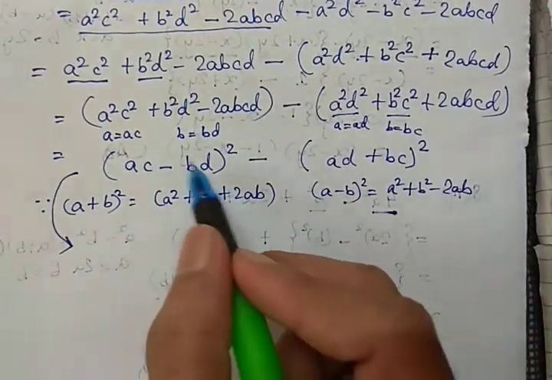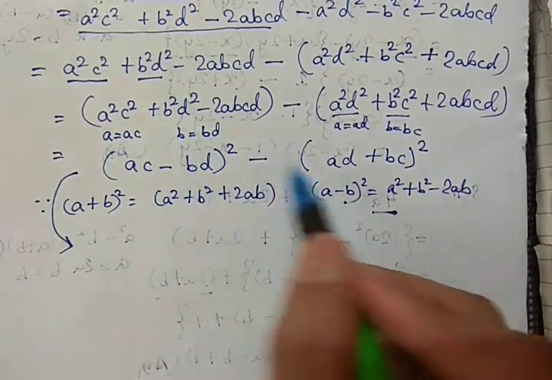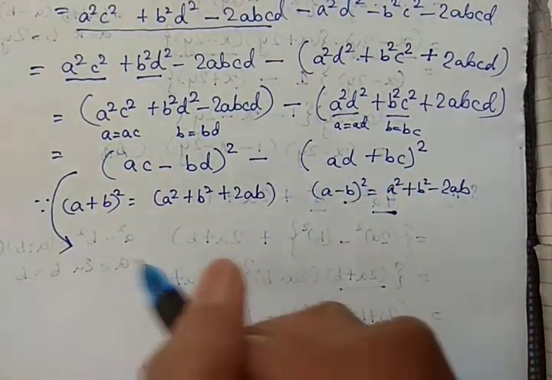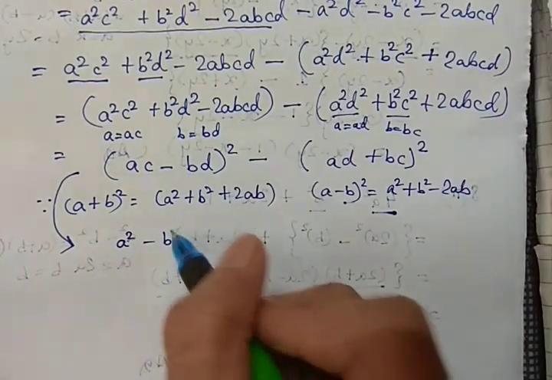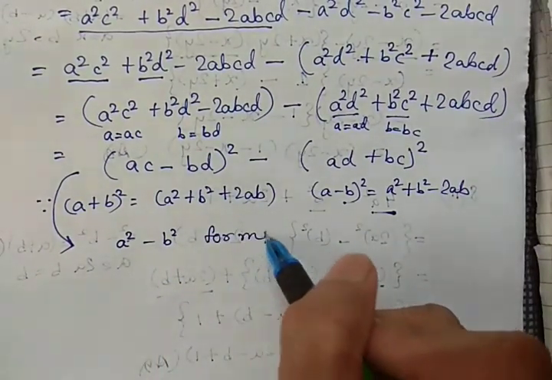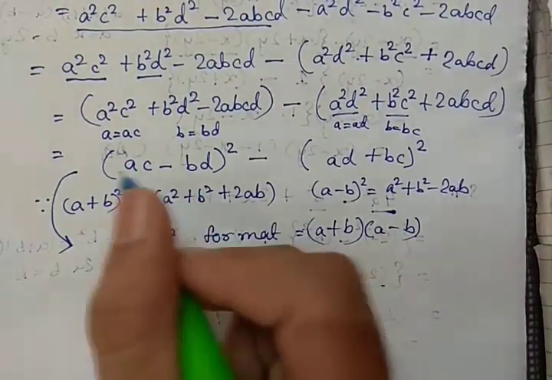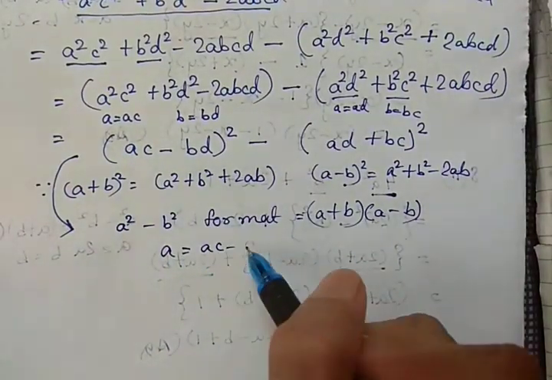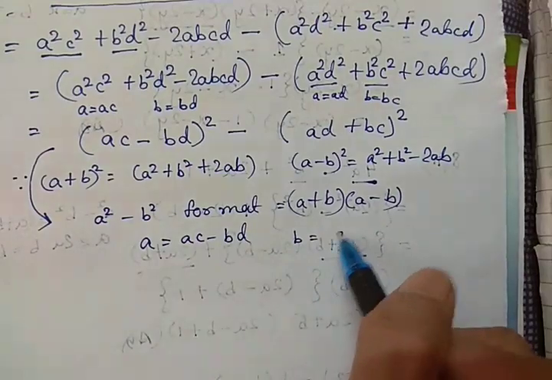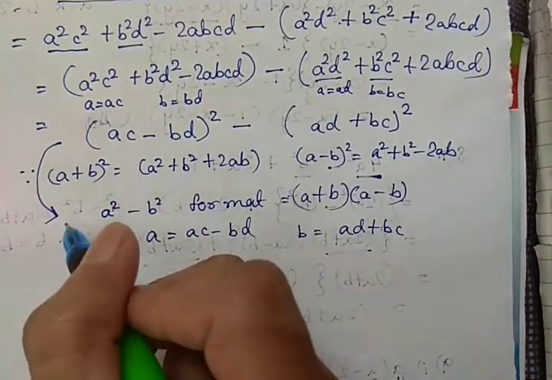So this is not the end. Now check this out: a square minus b square format. Again we are applying the a square minus b square format, which becomes (a plus b) into (a minus b). So in this case, a is equal to ac minus bd and b equals ad plus bc. So let us apply.